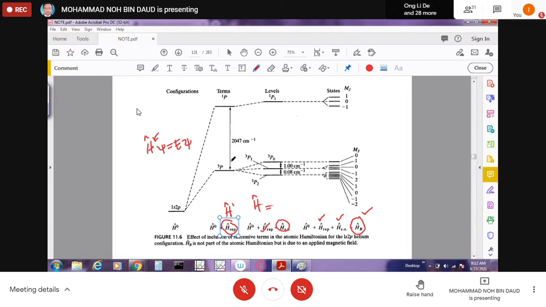For these two electrons, the total angular momentum for these two electrons, the quantum number for this total angular momentums, for both total spin and the total orbitals, is a good quantum number, where the operators for the total spin and the total orbitals and its components commute with the Hamiltonian operator.